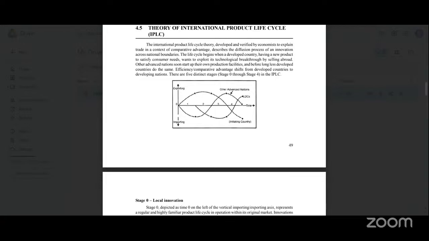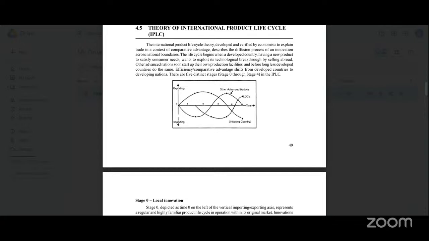The international product life cycle theory, which was developed and verified by various economists, fundamentally talks in terms of comparative advantage. It describes the diffusion process of an innovation across national boundaries. If you look at the life cycle, when it begins in developed countries, it has a new product to satisfy customer needs, but then it wants to exploit the technological breakthrough by selling the same product abroad.